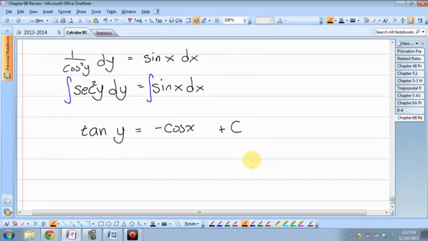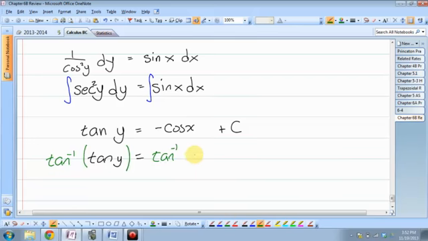Since we're solving for y, we need to inverse tangent the left side and inverse tangent the right side. I like the way we did this in period 6. We did inverse tangent of the left side. Equals the inverse tangent of the right side.